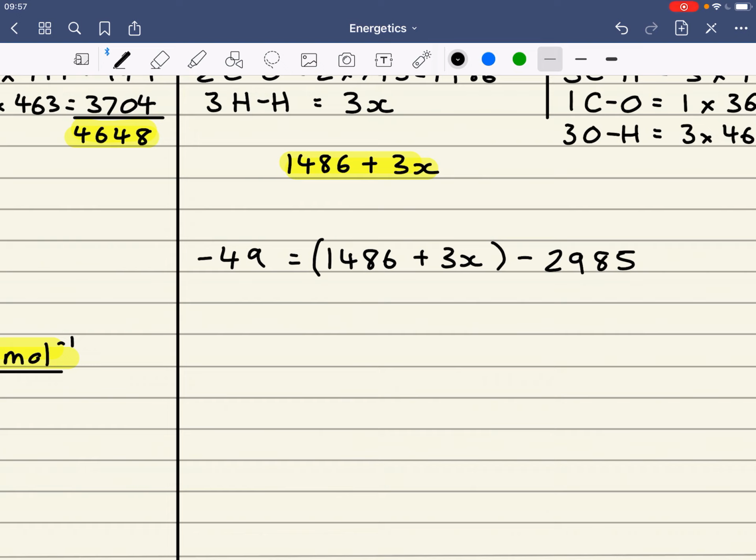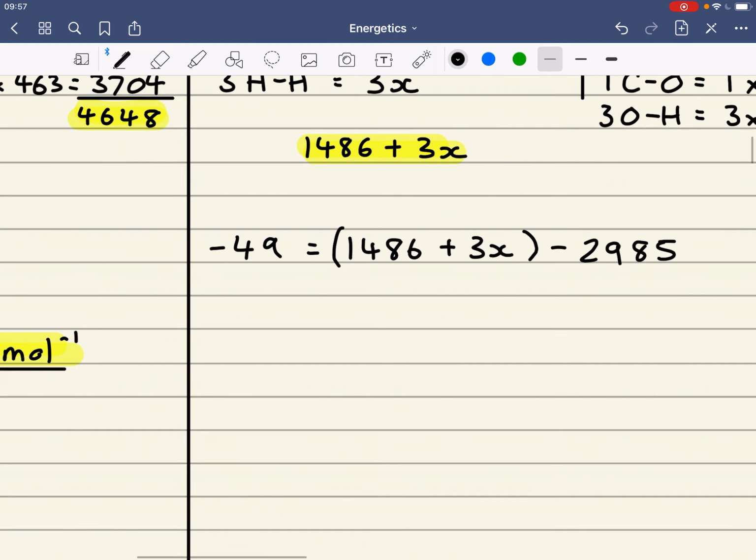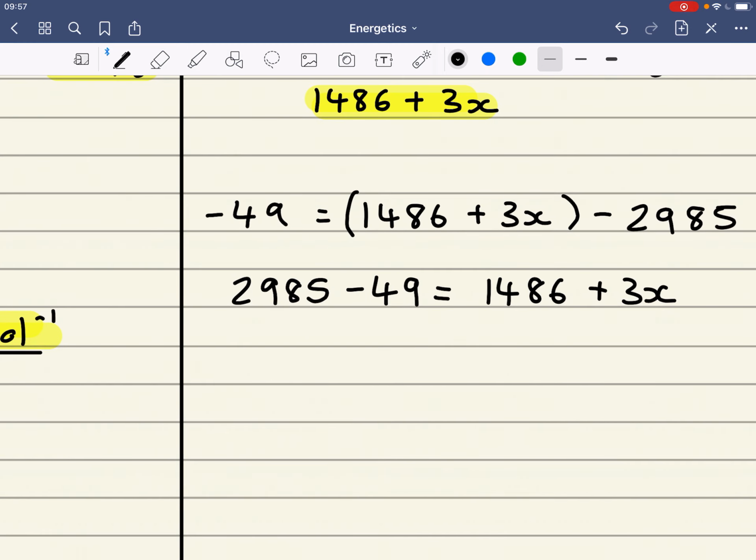So what I'm going to do is just a case of solving this for x. I'm going to add 2985 to both sides, and what we should get then is 2985 minus 49 equals 1486 plus 3x, and then I subtract 1486 from both sides, so I get 2985 minus 49 minus 1486 equals 3x.